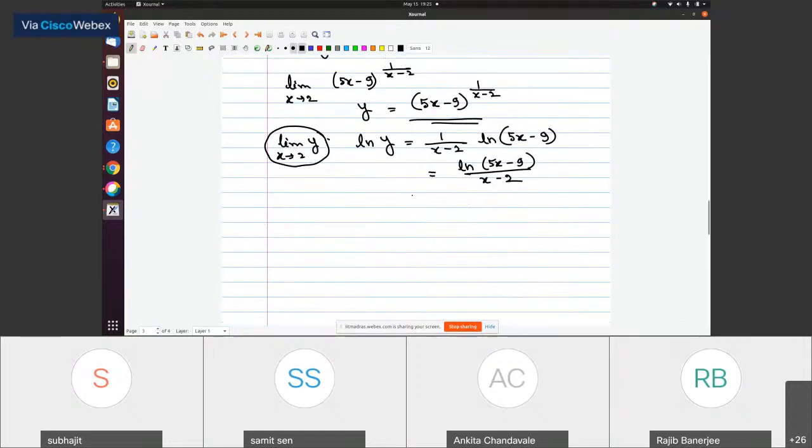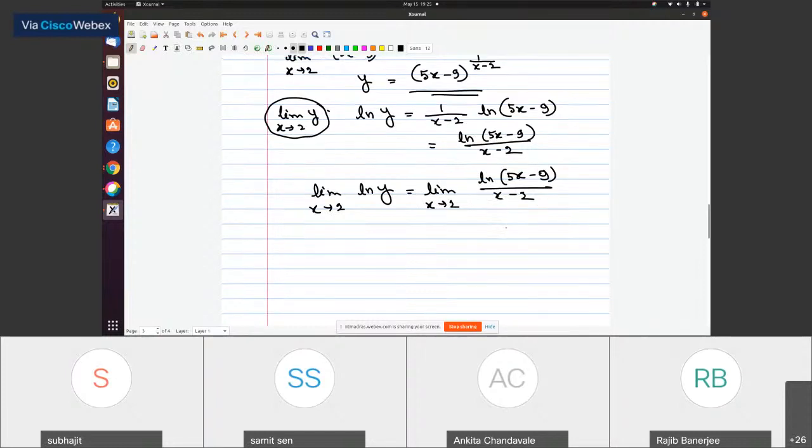So now I have to calculate this limit: limit as x tends to 2 of log y is equal to limit as x tends to 2 of log of (5x minus 9) by x minus 2.